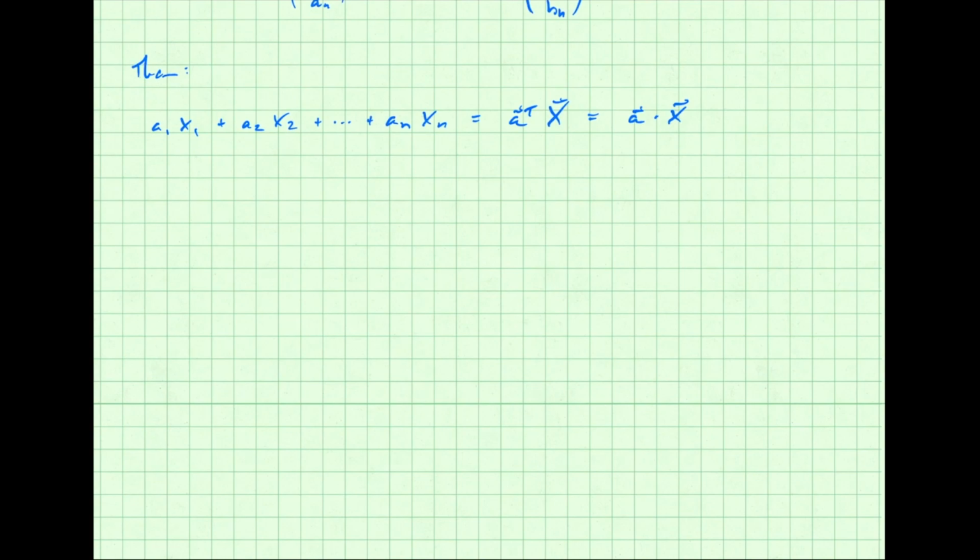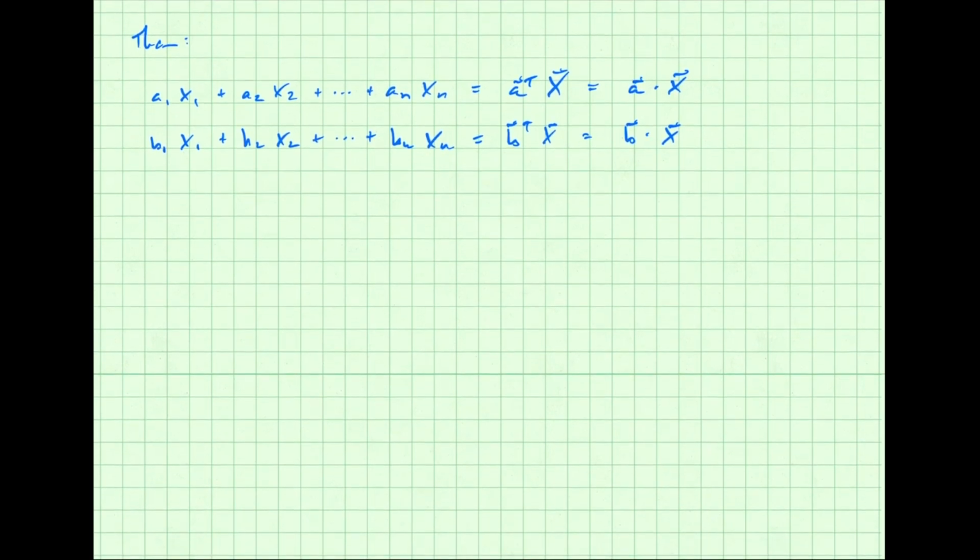And similarly, B1 X1 through Bn Xn. This is also a similar product. Like that. Okay, then we can restate our rule in a little bit of a simpler way.